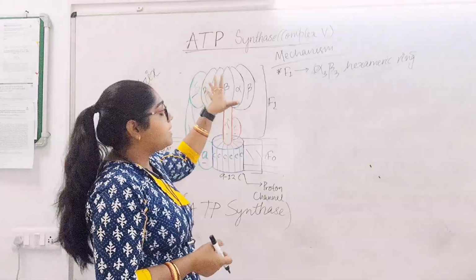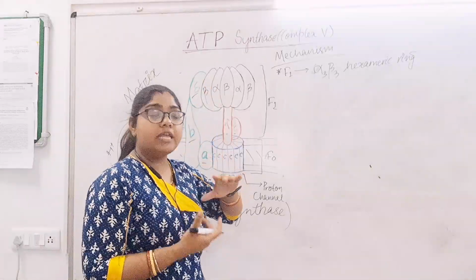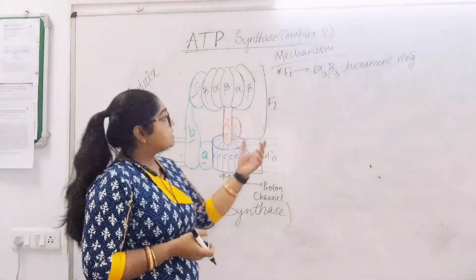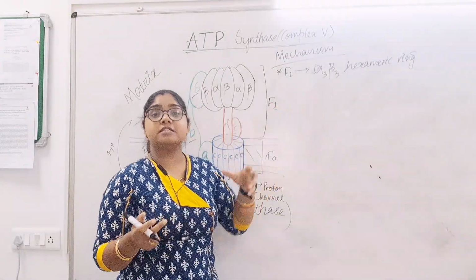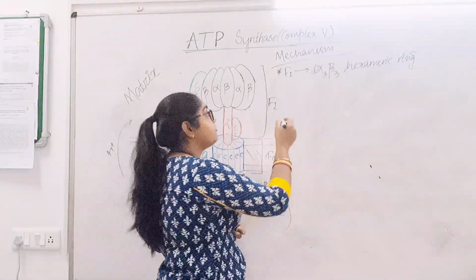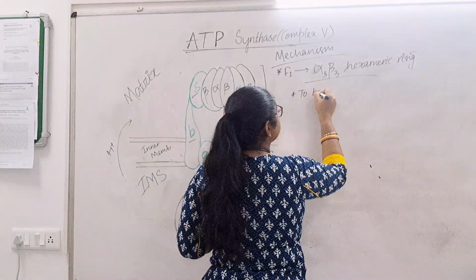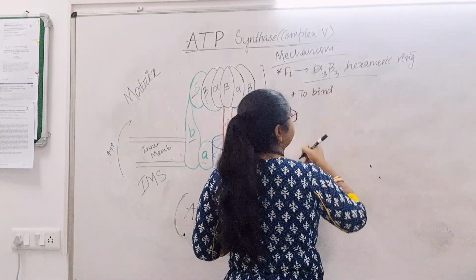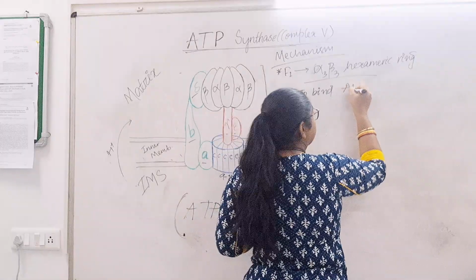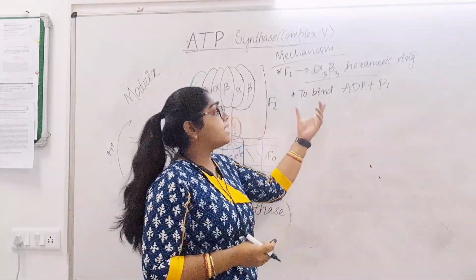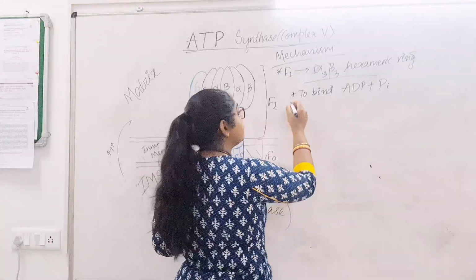This alpha and beta are arranged like a hexameric ring. So this is responsible for the synthesis of ATP in 3 ways. First, it is responsible to bind the substrates of ATP, those are ADP and inorganic phosphate. Okay, first it binds the ADP and inorganic phosphate.